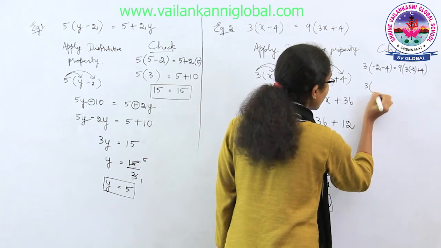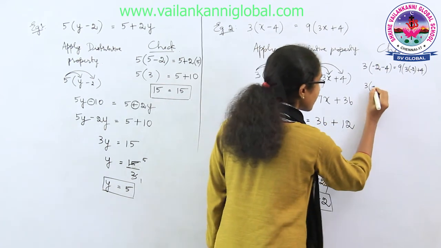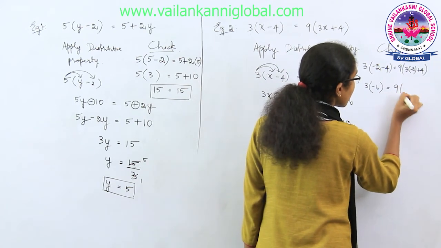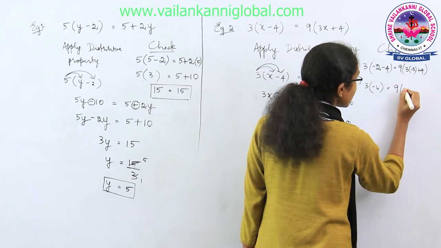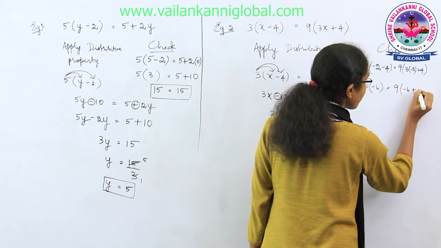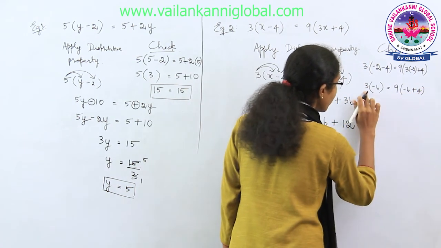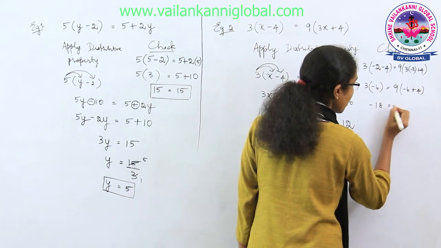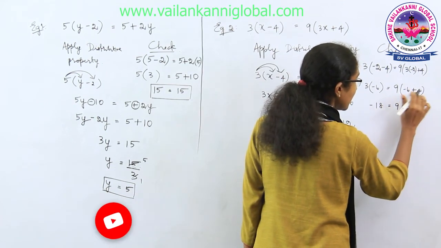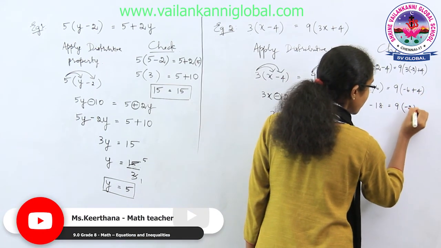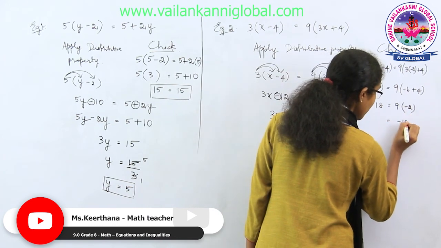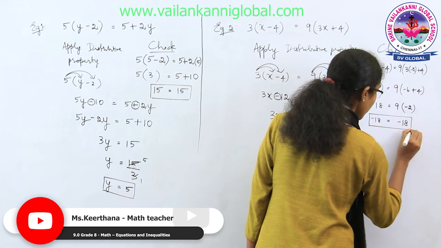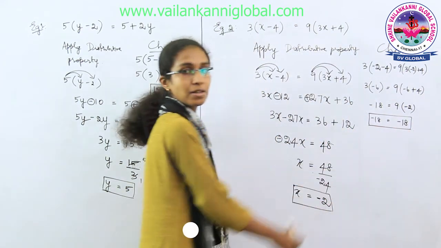So we have 3 into minus 2 minus 4, which gives us minus 6. 3 multiplied with minus 2 gives minus 6, and plus 4, so 3 times minus 6 is minus 18. And here we have minus 6 plus 4 is minus 2, and that also gives us minus 18. So hence it satisfies the equation condition.